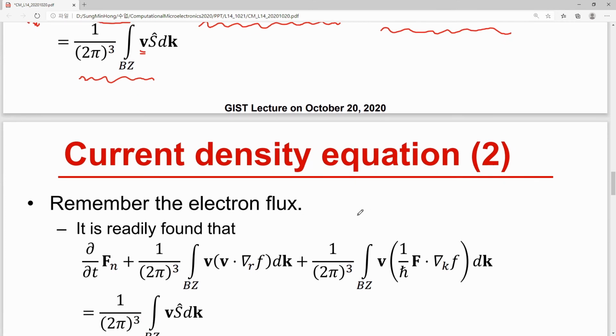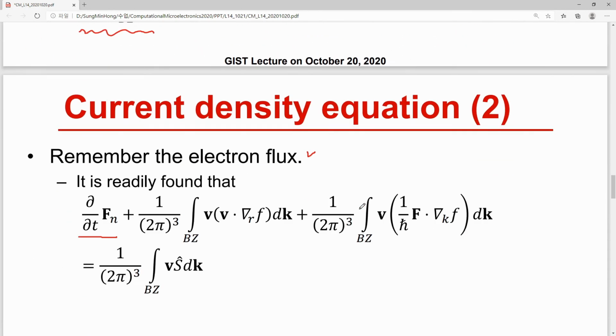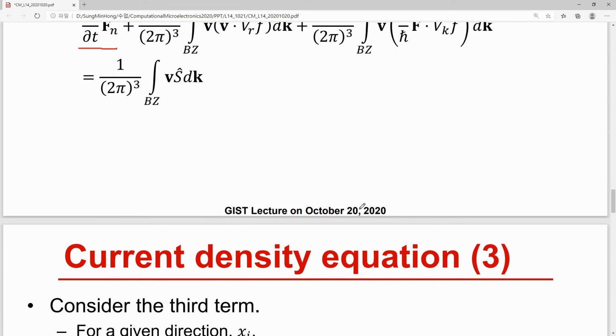If we remember the definition of electron flux, we can easily understand the first term is just given by the time derivative of electron flux. Okay. All other terms are just copied and pasted, no change here.